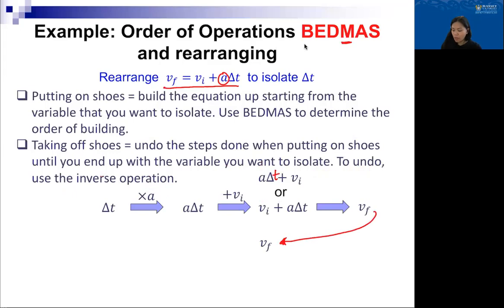You start from where you've left off when putting on. So starting from VF, the last thing that you did was to add VI. Right? So you need to undo that adding by subtracting VI from VF. So now you have VF minus VI.